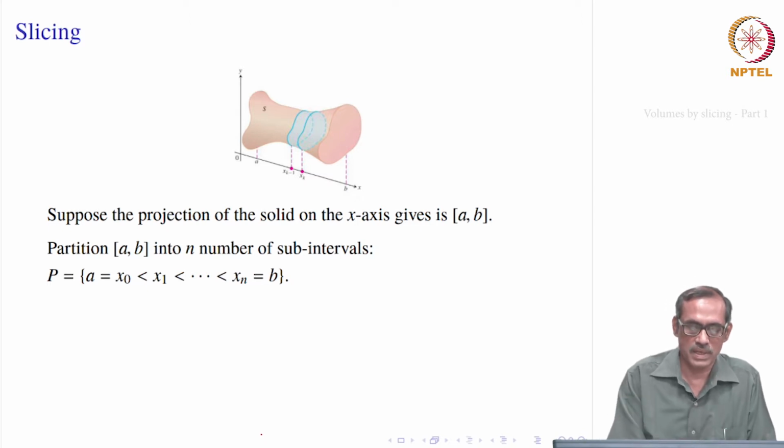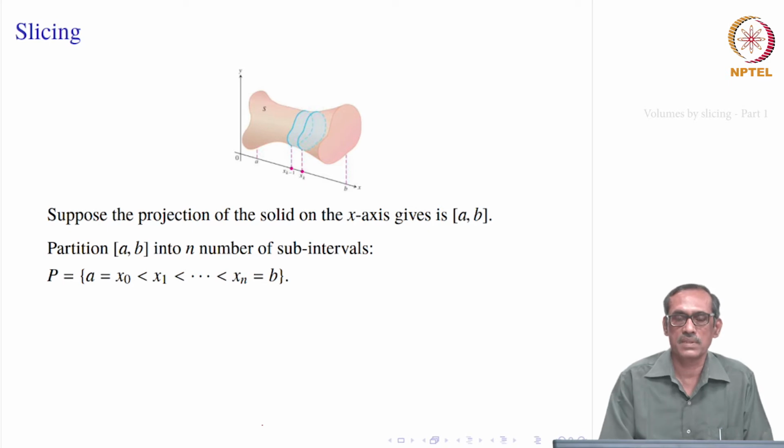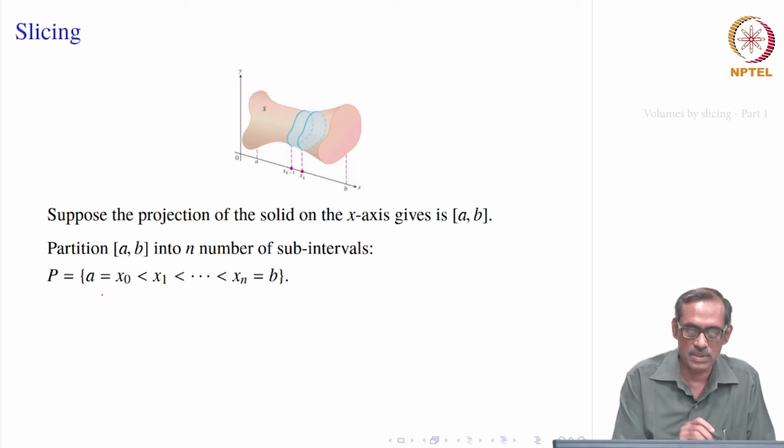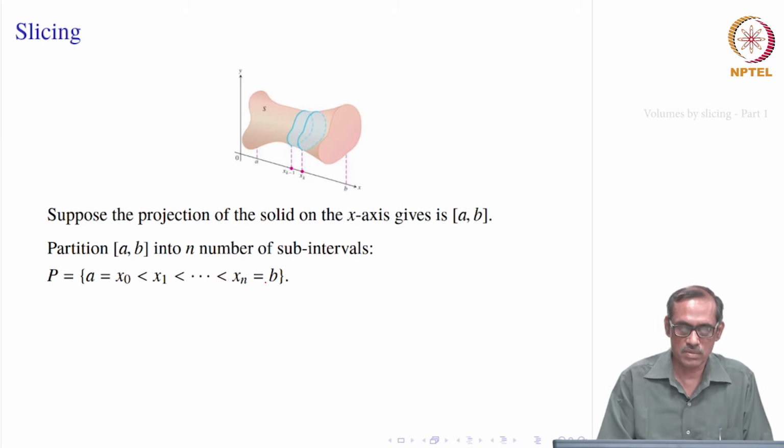Let us start with a partition of a b into n sub intervals. The partition points are a itself, which is x 0, and b, which is equal to x n, and in between we choose some other points. So, x 0 less than x 1 less than x n becomes a partition of the interval a b.